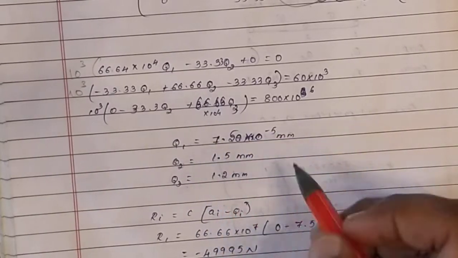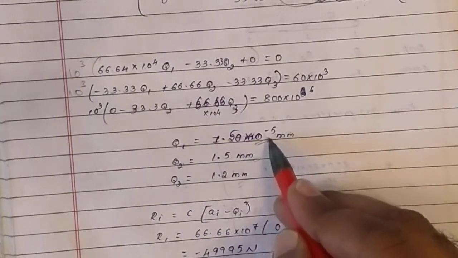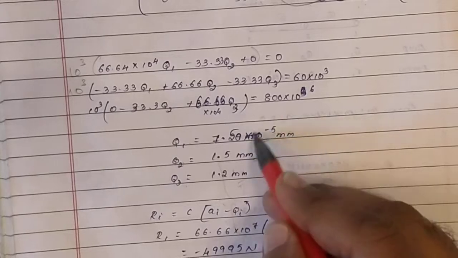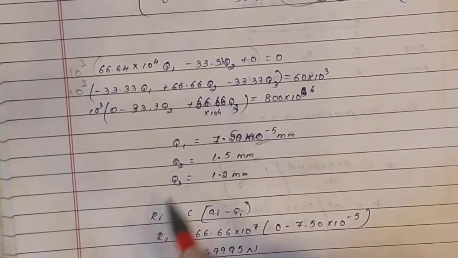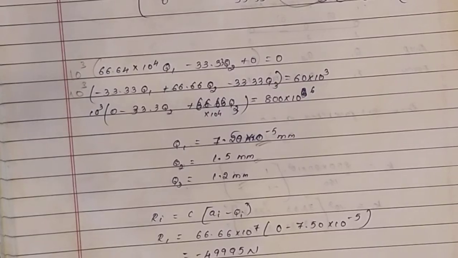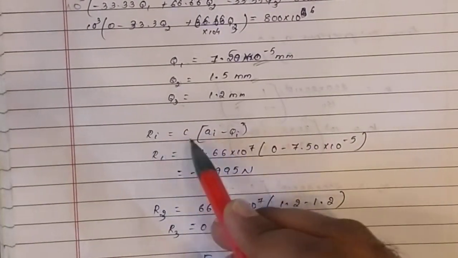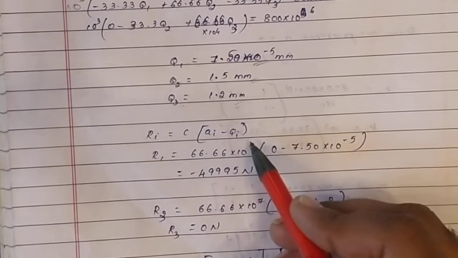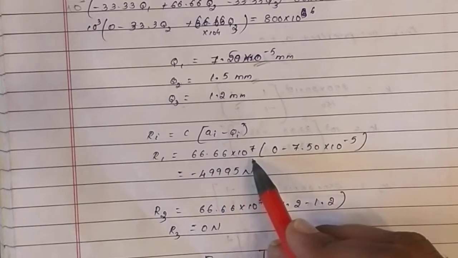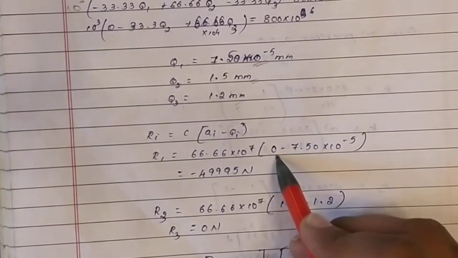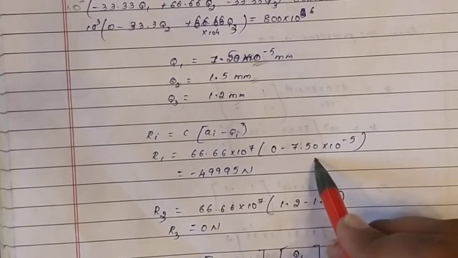Okay, so you can see we have got Q1, Q2 and Q3. Q1 is completely fixed, so to 10 power minus 5 it is almost equal to 0, and Q3 maximum displacement is 1.2 mm and Q2 displacement is 1.5 mm. Okay, next to find reaction, Ri is equal to C into Ai minus Qi. We have R1 is equal to C value 66.66 into 10 power 7, A1 is 0 minus Q1 is 7.50 into 10 power minus 5.